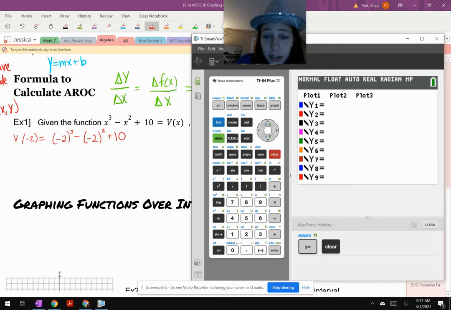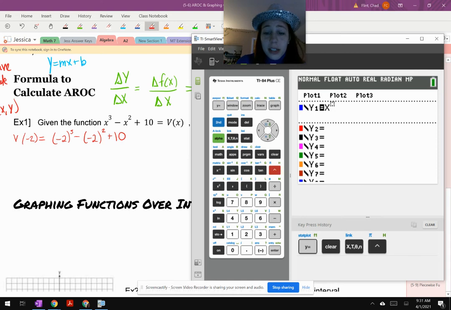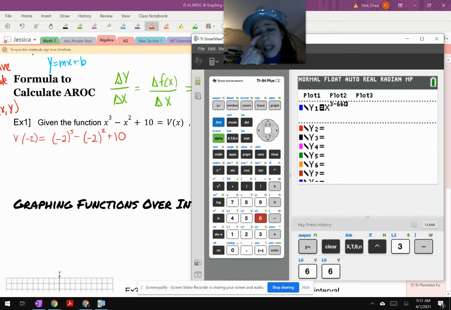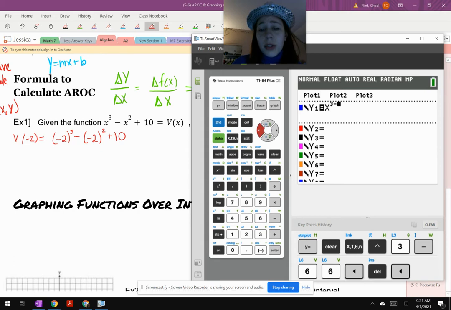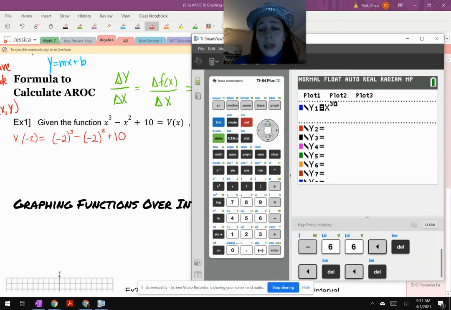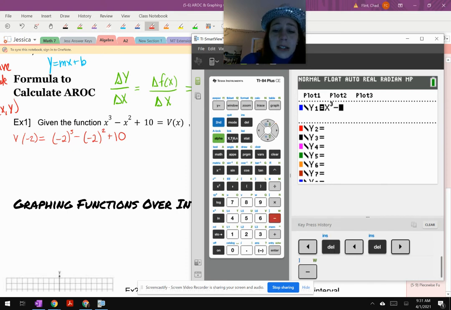So x, remember to be using the variable button, caret to get my exponent other than 2, arrow off of the exponent, because notice if I keep typing here, I'm still on that exponent. No bueno. So arrow to get out of the exponent piece, minus x squared plus 10.